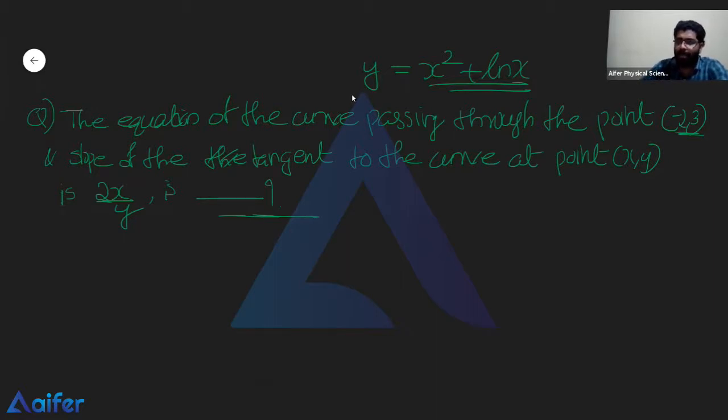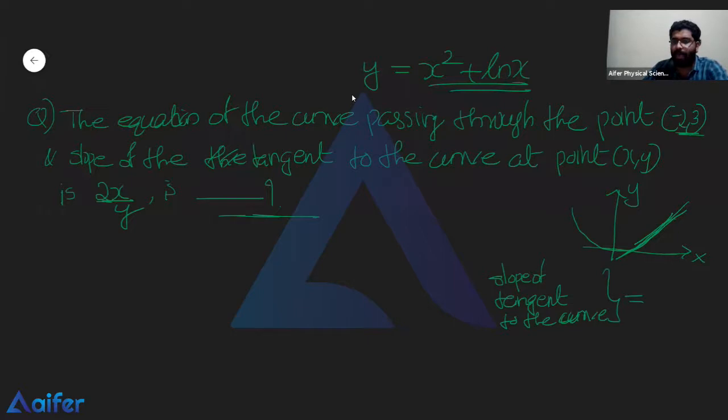Okay, so we need some idea for this. Suppose you have a curve in the xy plane, with x and y axes. This is the tangent to the curve, and the slope of the tangent to the curve will be equal to dy/dx.